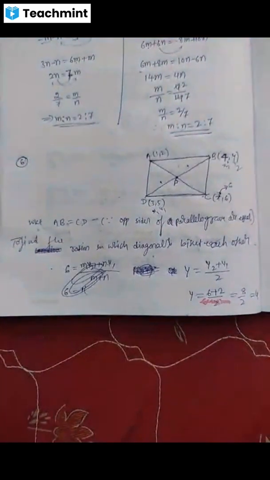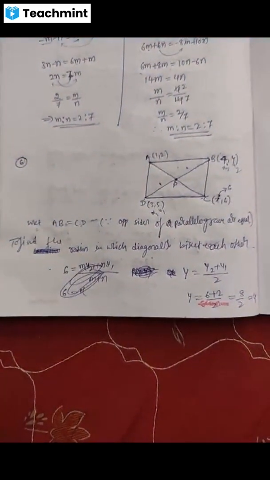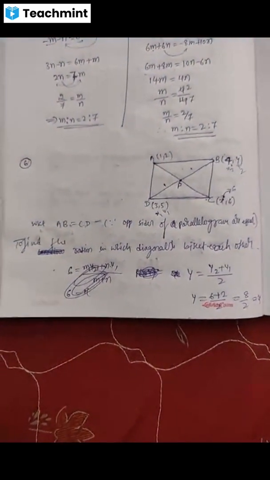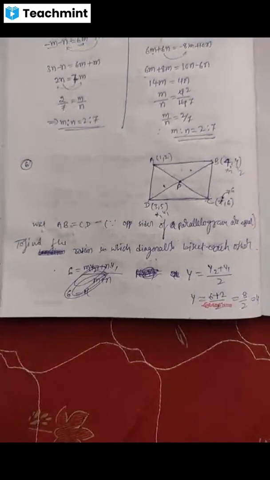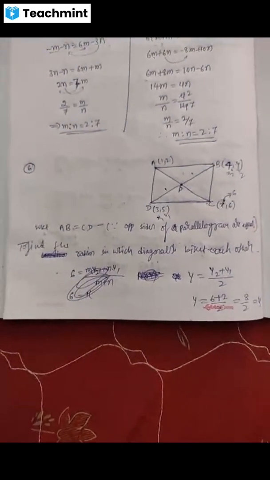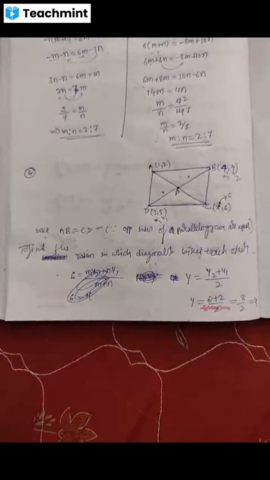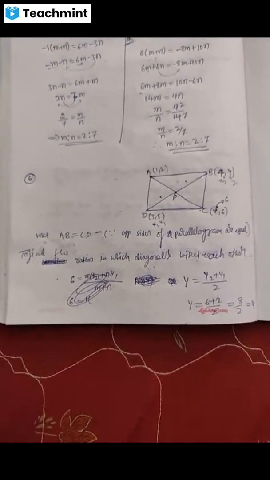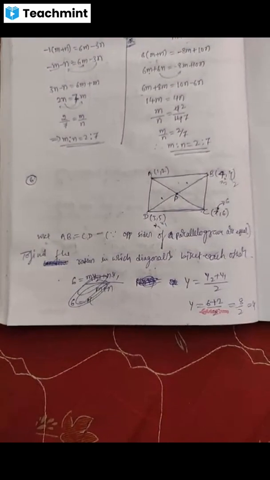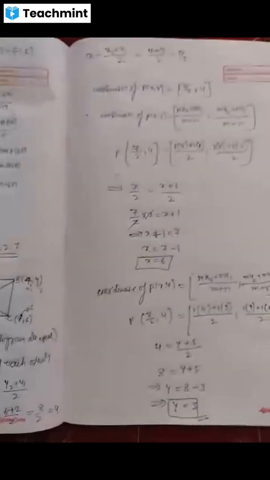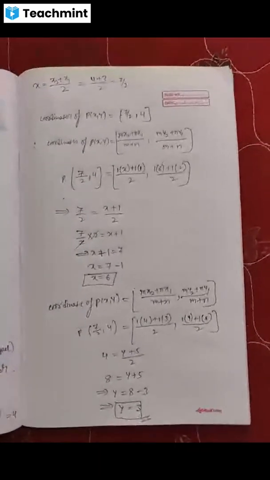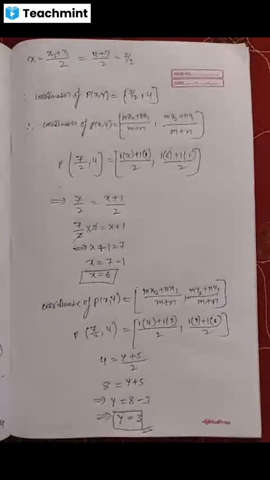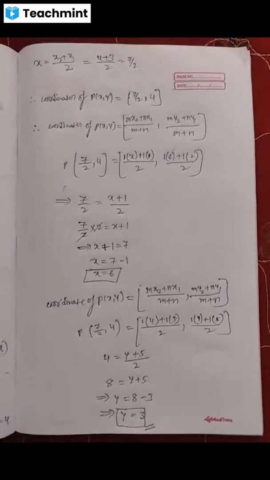First take the screenshot. Sir, 8 minus 3 is 5, sir. It should be 8 minus 5.